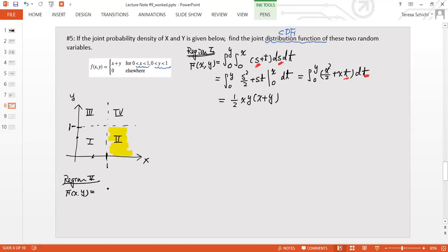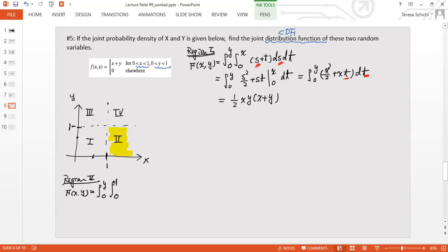So in here, the F of X, Y will just be 0 to Y, right? Because Y, the yellow one, is still below 1. So you integrate 0 to Y, and what happened to X? X is outside, so you integrate 0 to 1, the whole thing for X, because X is between 0 and 1.